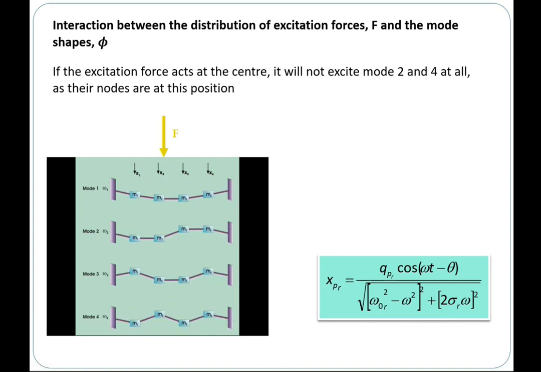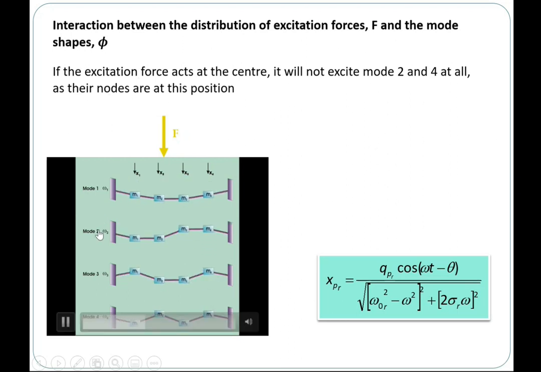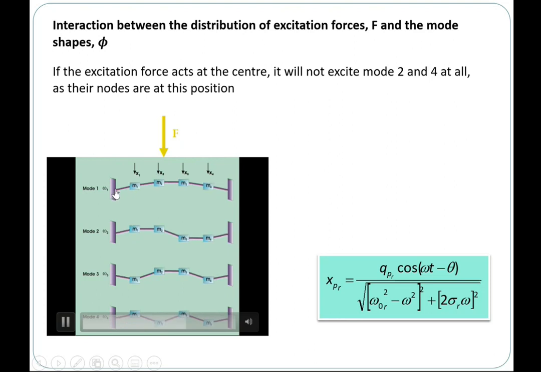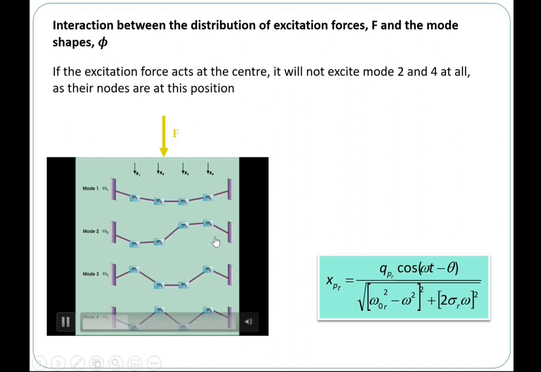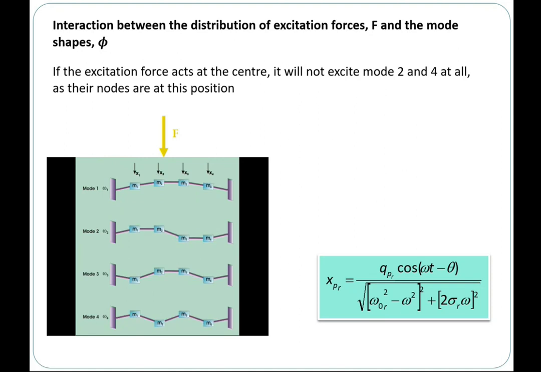So this particular point with no motion, we are saying that this is the node or nodal point of that particular mode. So here, the nodal point of mode 1 is here with no motion, or here no motion. So mode 2 is here in the middle as well as on the right hand side. So when you have a force acting at those particular points, you won't have contribution in your vibration from that particular mode.